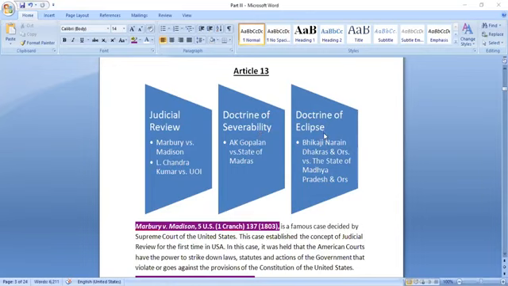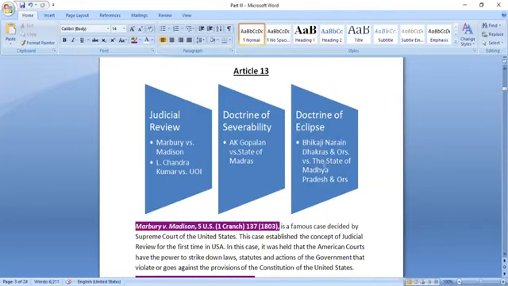Similarly, doctrine of eclipse. This also is understood from the name itself, right? The act would not become invalid, the act would not be totally dead, but it is only that fundamental rights would cover or overshadow that particular provision for the time being. If there are any changes made, it would again become applicable. So like that, you can just remember the concepts and also the cases.